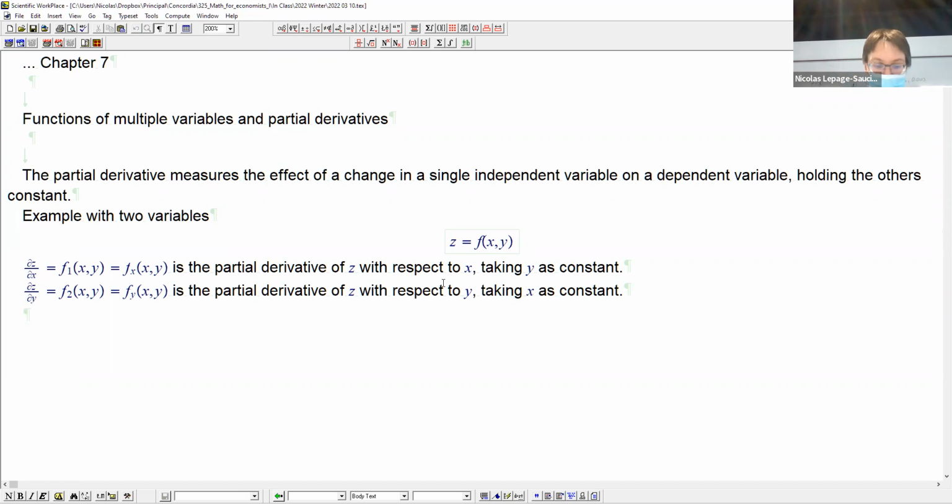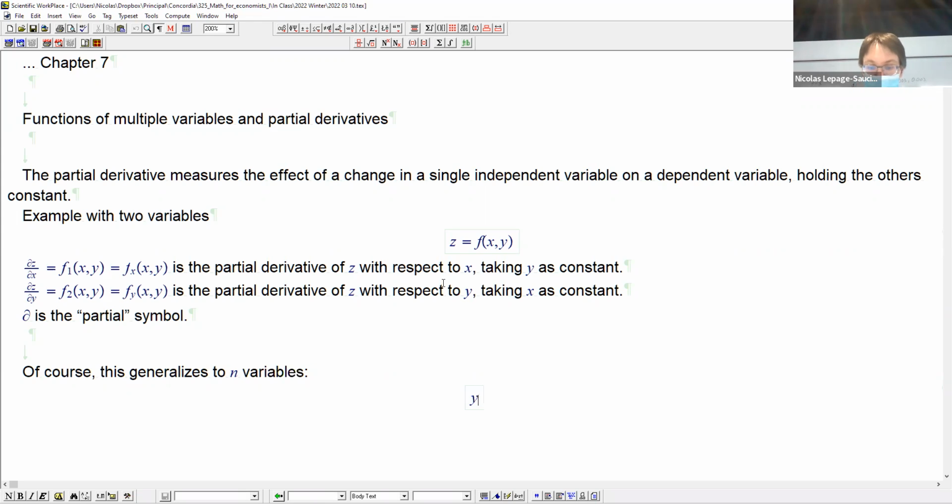And this is the partial symbol. And of course, it generalizes to n variables.